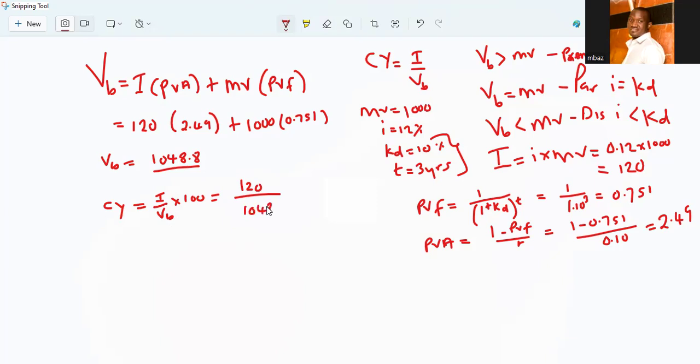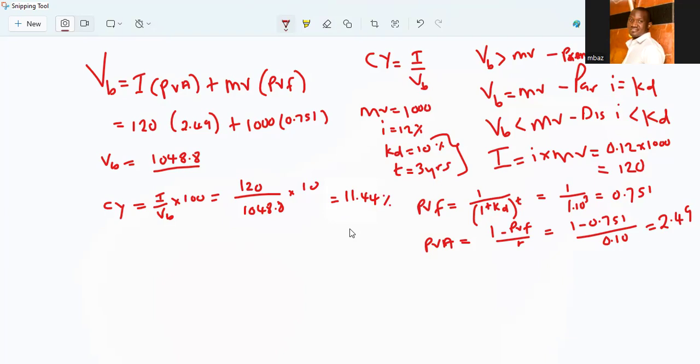What are we getting? 11.44%. So this is the current yield.